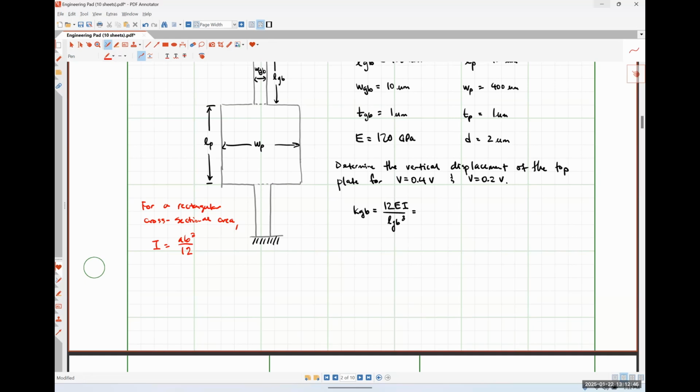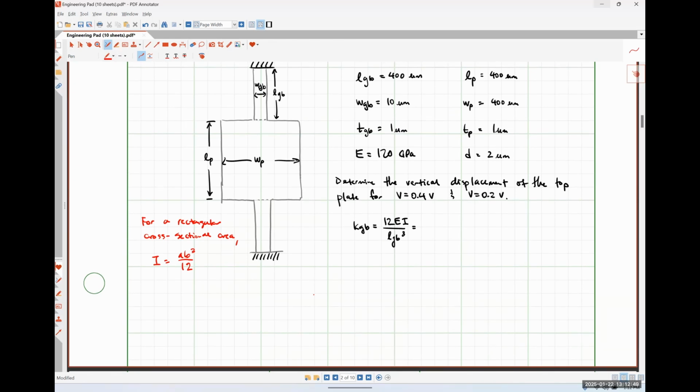So A is going to be the dimension in the direction of beam bending. In this particular case, that is the thickness, because this is moving into and out of the page. So our bending is occurring in the thickness direction. And then B is going to be the one that isn't the length. The only one left that isn't the length would be the easiest way to think about it. So that is going to be the width.